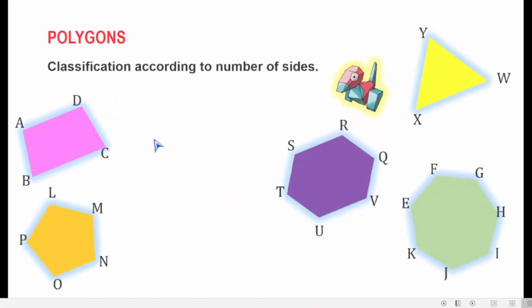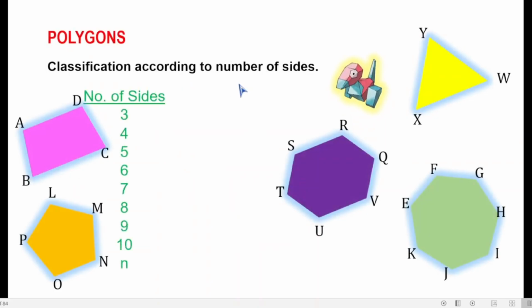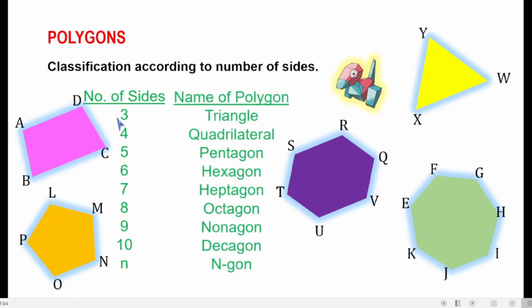Okay. Now we have classifications of polygons according to the number of sides, which you must at least familiarize or maybe memorize. If you have 3 sides, 4, 5, what are the names of these? For 3, that's what we call triangle. For 4, quadrilateral. 5, pentagon. 6 hexagon, 7 heptagon, 8 octagon, 9 nonagon, 10 decagon.